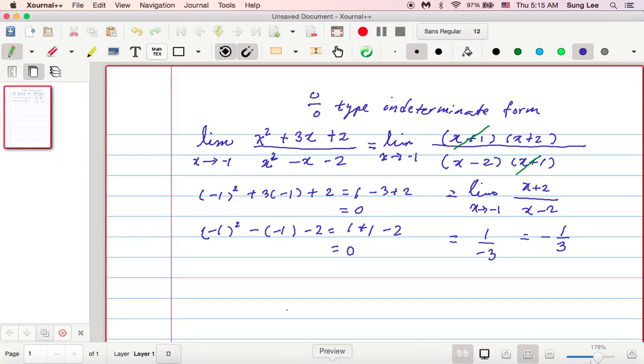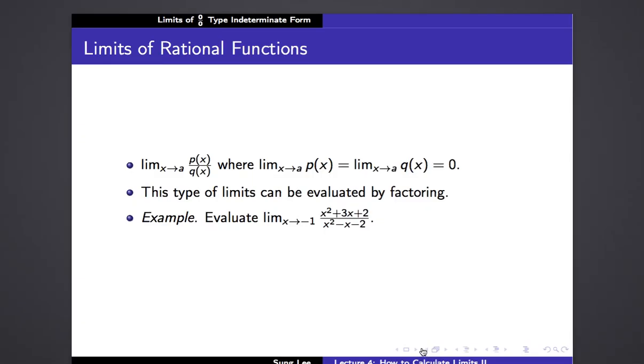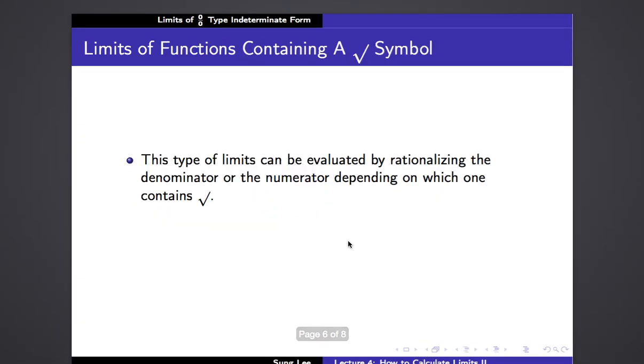Okay, now back to my lecture slide. So 0 over 0 type limits are not necessarily limits of rational functions. There are other types of 0 over 0 type indeterminate forms.